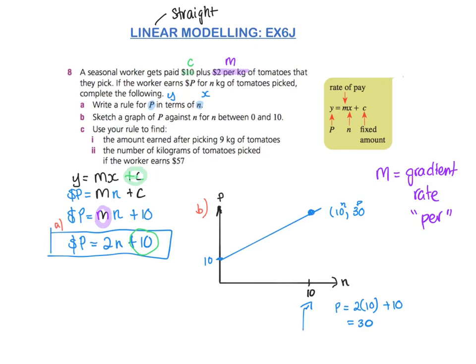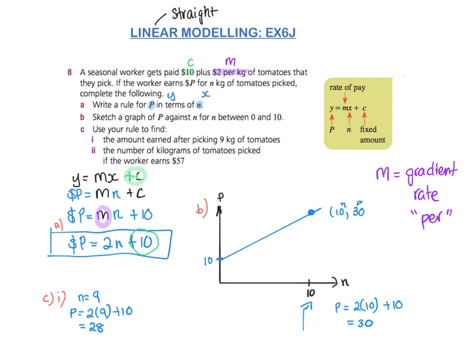So that's fine. You've done what they've asked for B. So this was A, this is B. And now use the rule to find the amount it costs when you pick 9 kilos. So N equals 9. So the price will equal 2 times 9 plus 10. What would that be? 2 times 9 is 18 plus 10 is $28. Good.